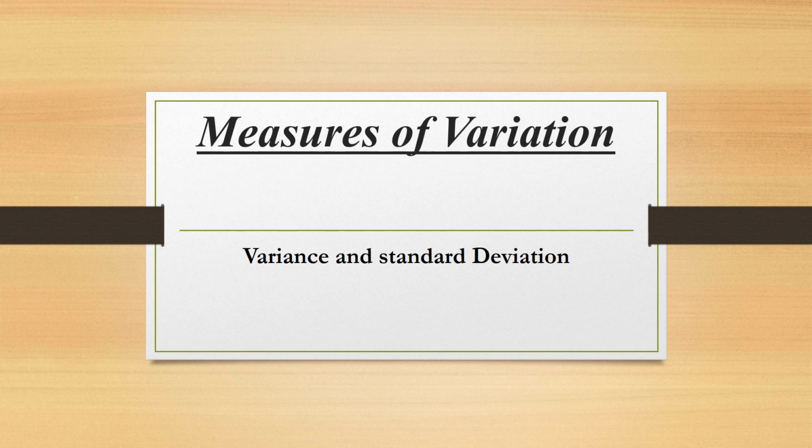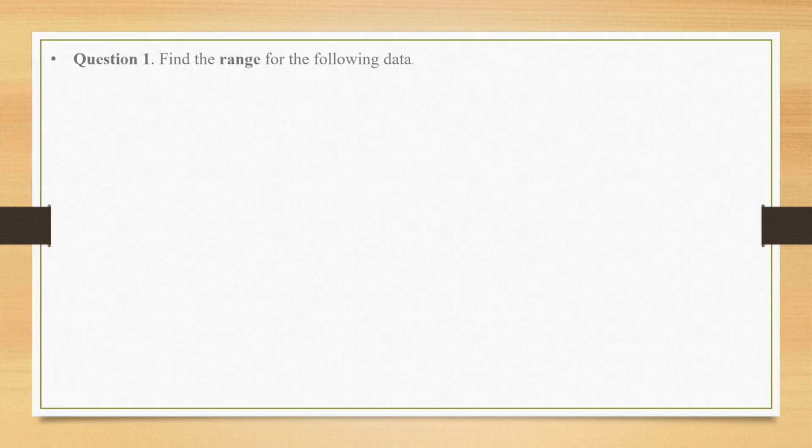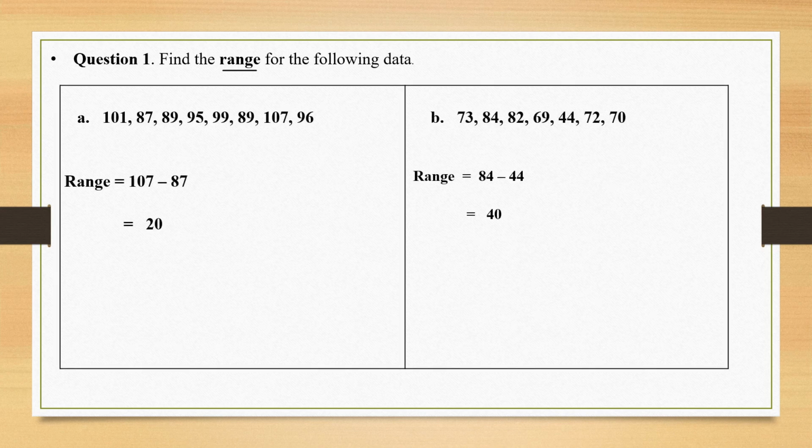Now, dear student, question number 1 is to find the range for the following data. In this data set, we have 101, 87, 89, 95, 99, 89, 107, and 96. How do we find the range of the data?